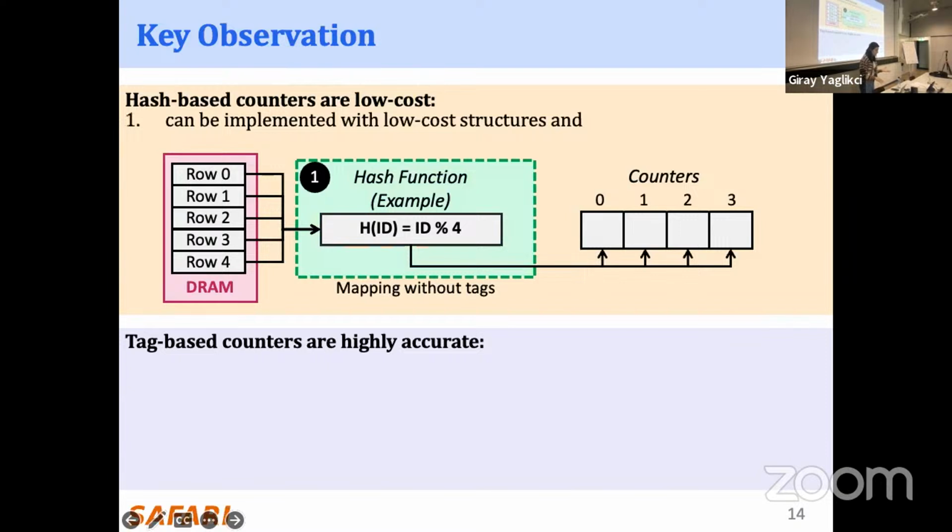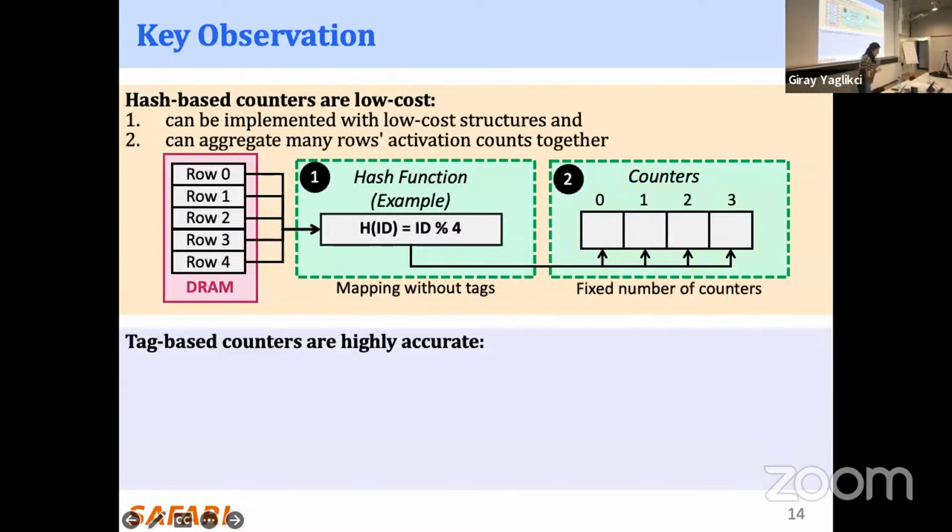Since we are using hash functions, hash-based counters can be implemented with low-cost structures because they can do the mapping without using tags. Also, they can aggregate many rows' activation counts together because we are representing this information with a fixed number of counters. So these 2 things make hash-based counters low cost.